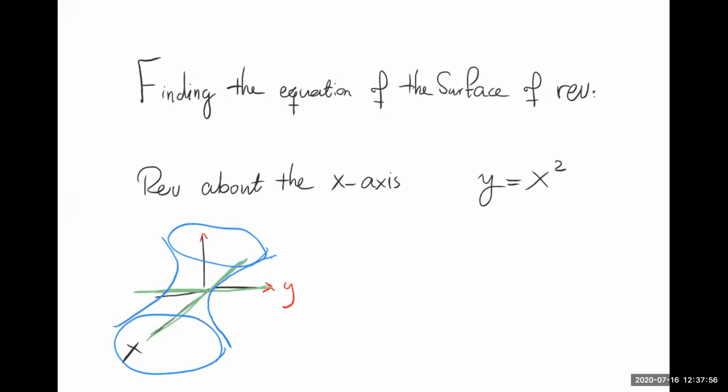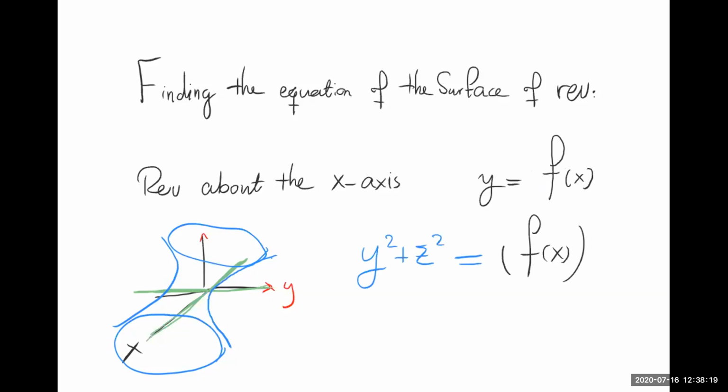Now I want to find the equation of this blue thing. The equation would be y squared plus z squared equals, well, I would make it a little more general. Rather than writing y equals x squared, I would write y equals f of x. It would be y squared plus z squared equals f of x squared. That would be the equation.